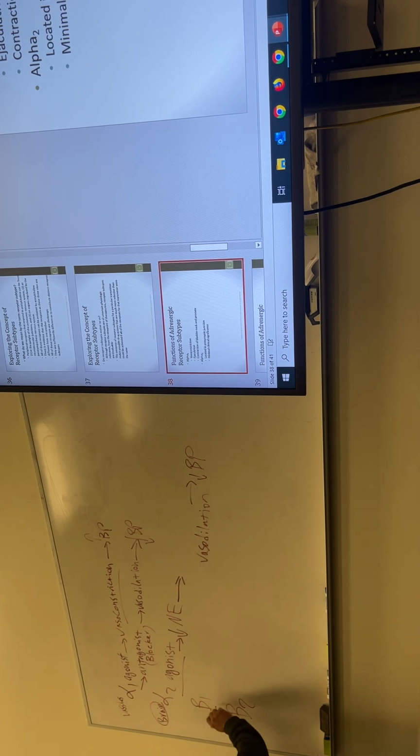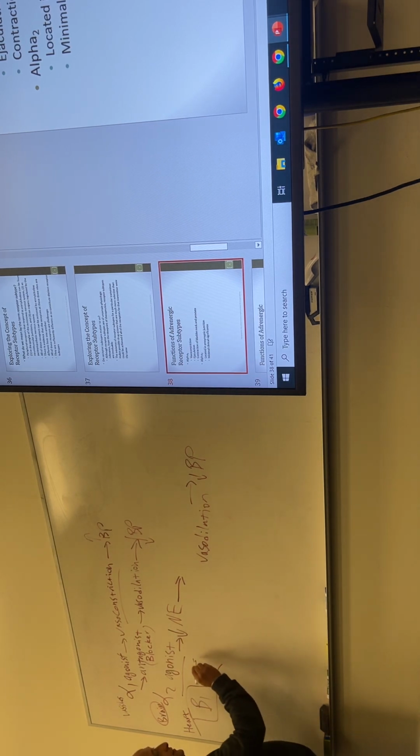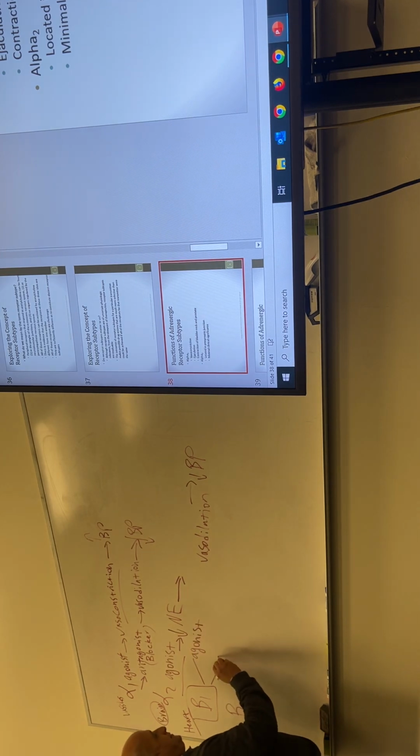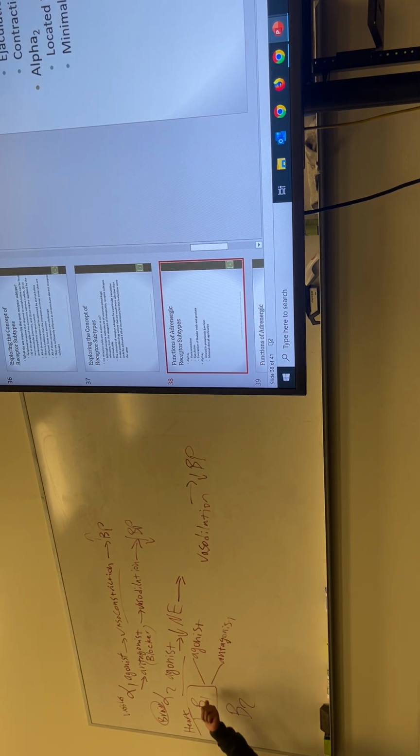How about beta 1? Where is the beta 1? The beta 1 is only in the heart, cardiac system. So we have agonist and antagonist. What happens if we activate the beta 1, if we give the beta 1 agonist? More contractions.